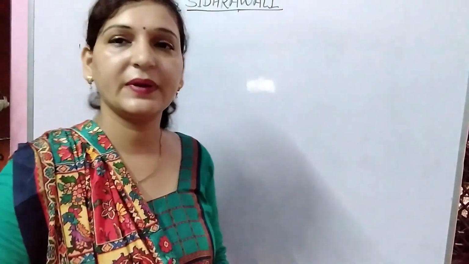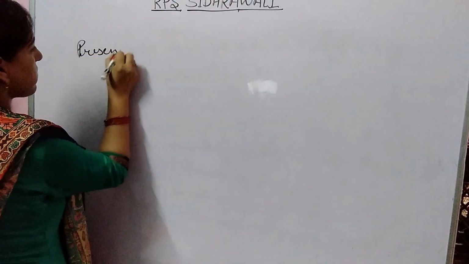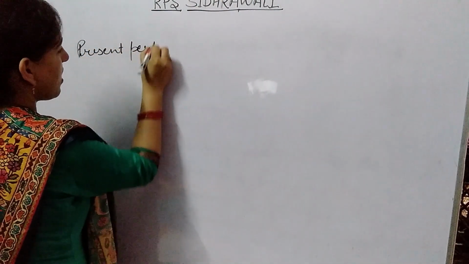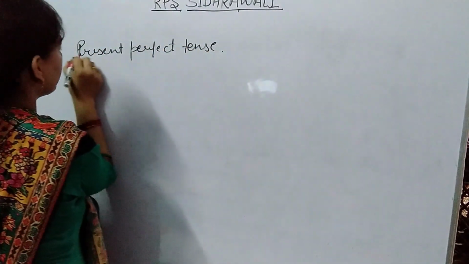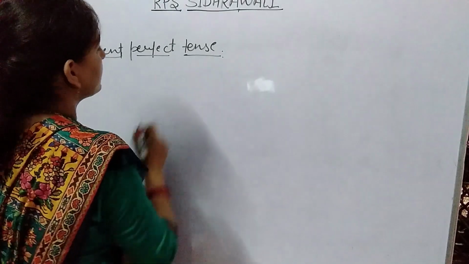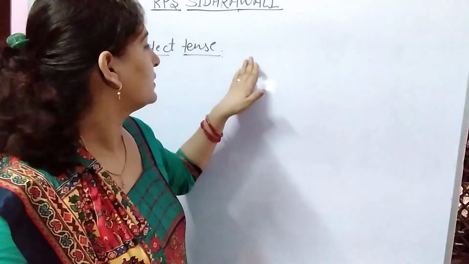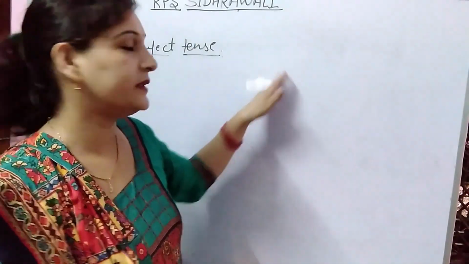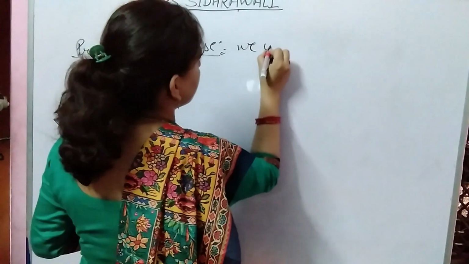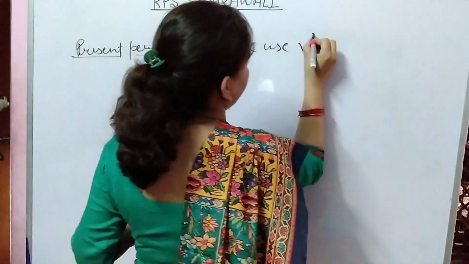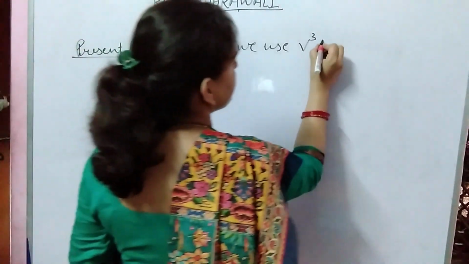Now we start present perfect tense. This tense shows the action has been completed. We use V3, the third form of the verb, in this tense.